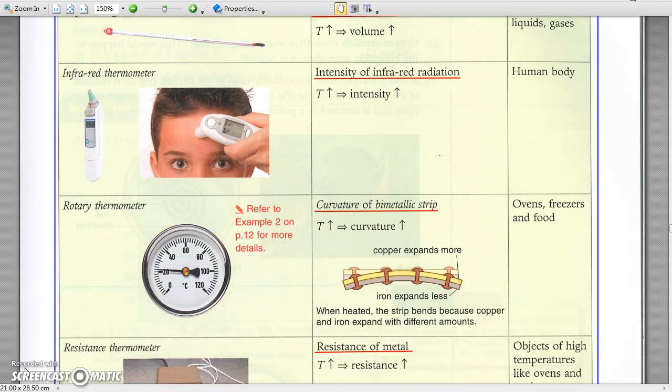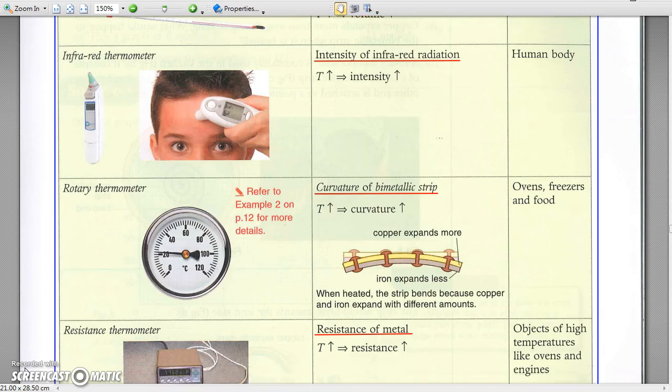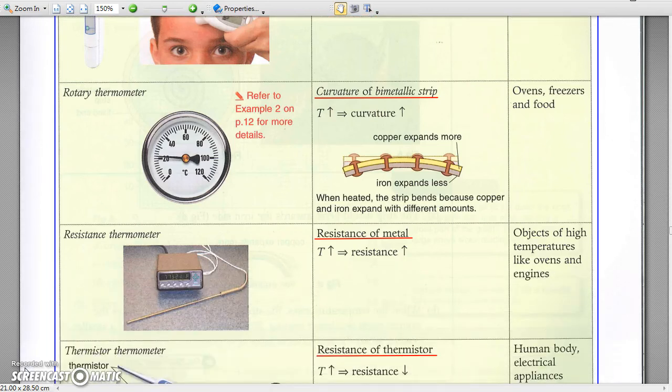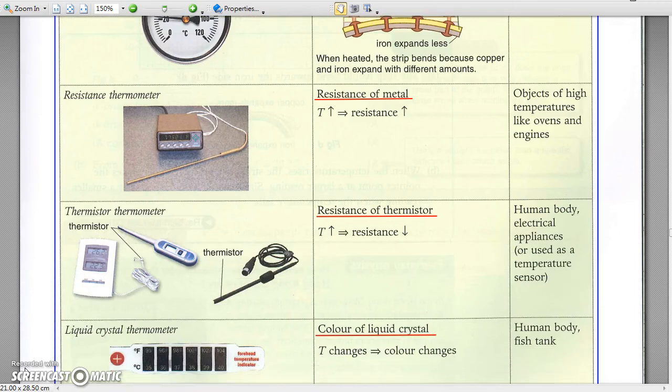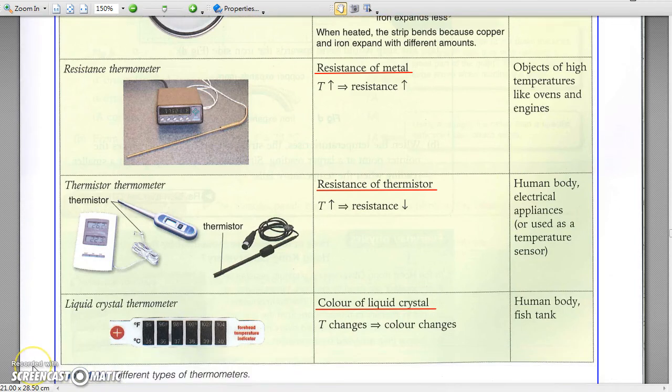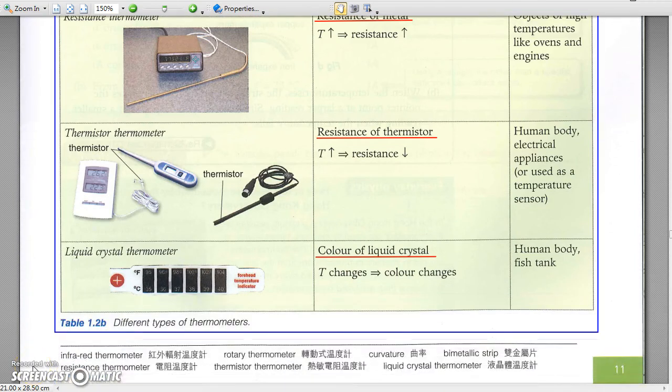Rotary thermometers make use of curvature change of bimetallic strips due to different expansions of metals. Resistance thermometer and thermistor thermometer make use of their resistance changes. And liquid crystal thermometers make use of color change of liquid crystal with temperature.